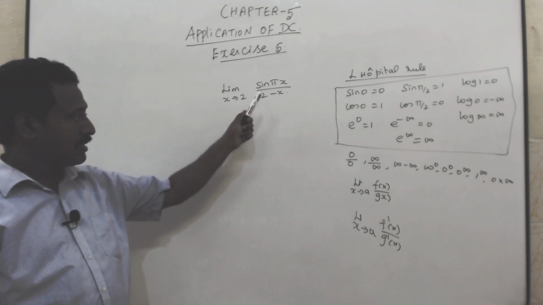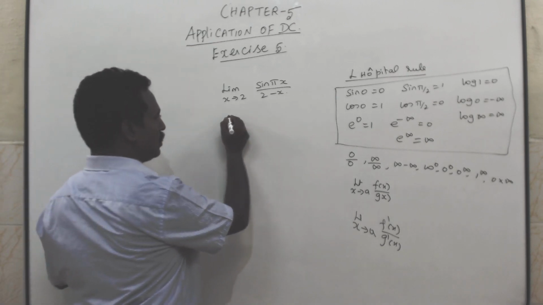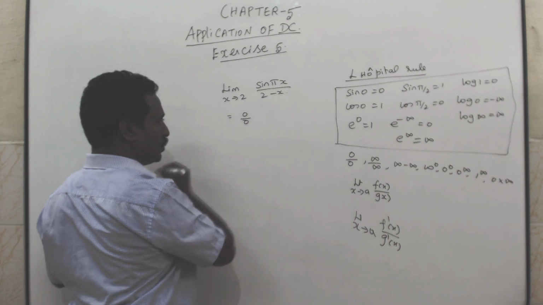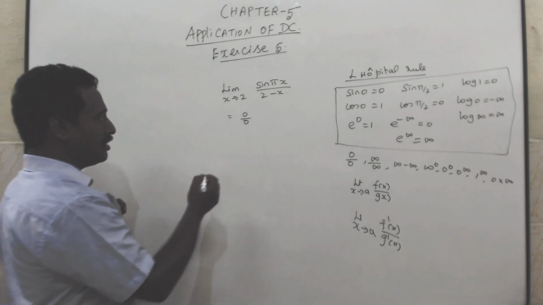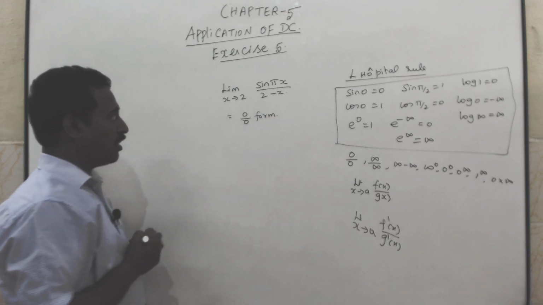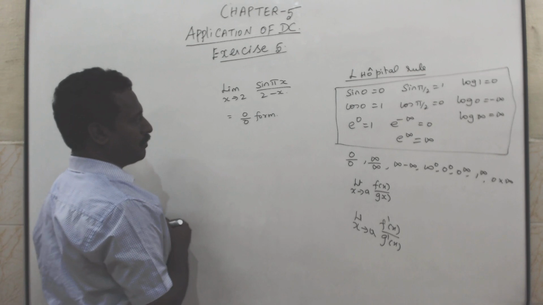When we substitute x is equal to 2, sin 2 pi is 0, 2 minus 2 is 0, that is 0 by 0 form. 0 by 0 means indeterminate form.